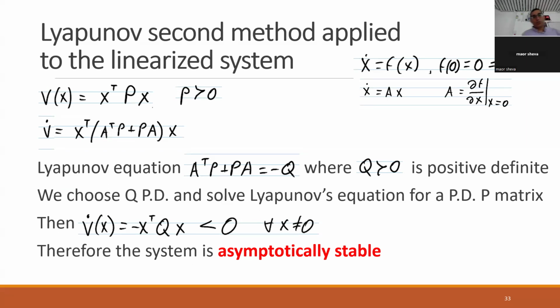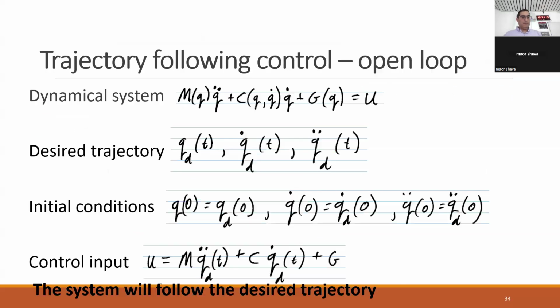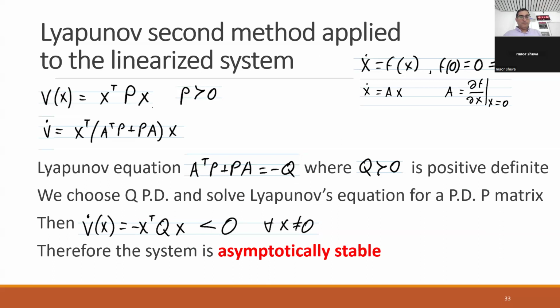And if there is a solution for the Lyapunov equation, then the system is stable. So we choose Q, which is a positive definite matrix, and solve the Lyapunov equation to get P, which is also a positive definite matrix. And then V dot will be negative and the system will be asymptotically stable.